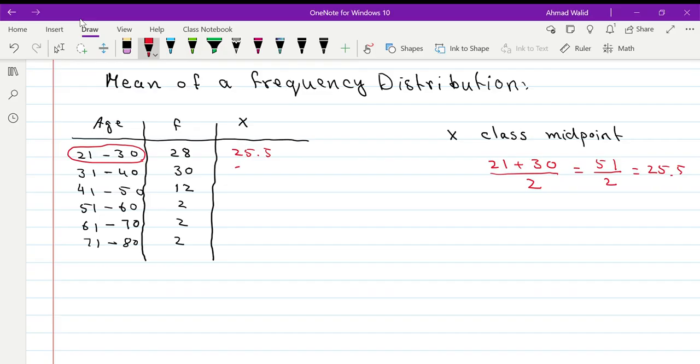Then next one will be 35.5, next one 45.5, next one 55.5, next class 65.5, and next class 75.5. Correct? Let me bring my calculator for a minute and I'll continue with the lecture.